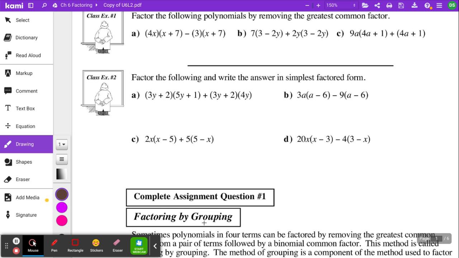Bracket x plus 7. I said it twice. So I'm going to think of this as being the heart. And I'm going to rip out the heart and times him by the things he needs to be multiplied by, which was the 4x and the minus 3. However, the heart was actually x plus 7.